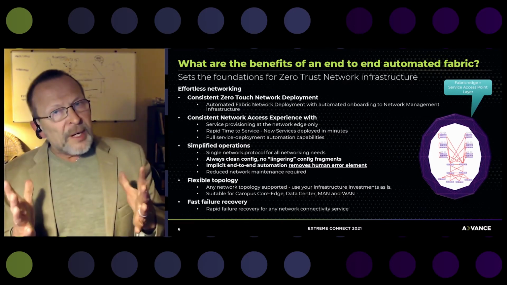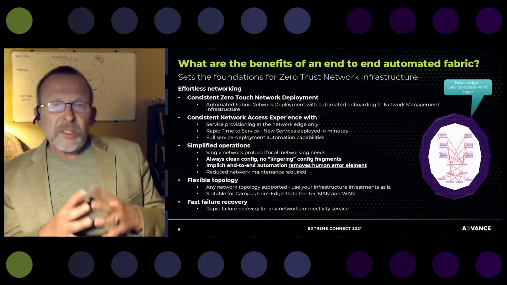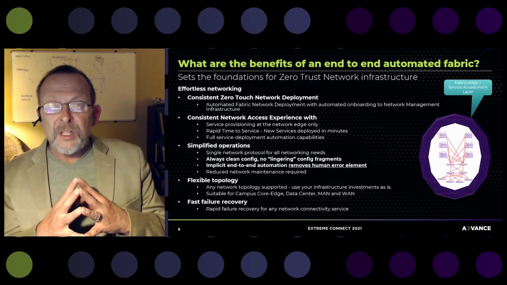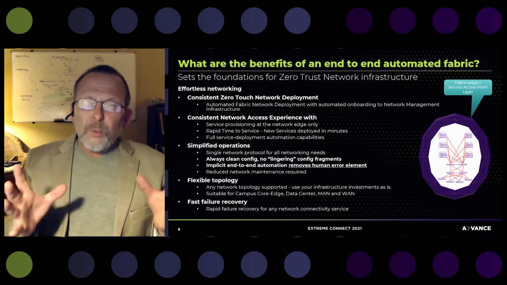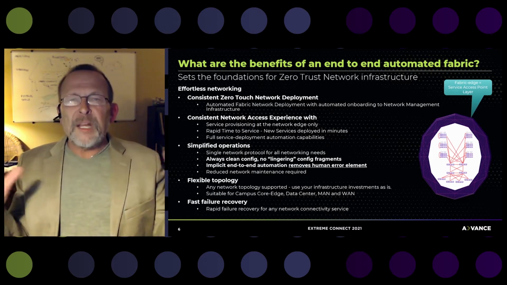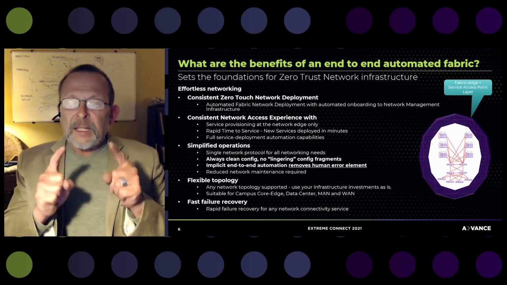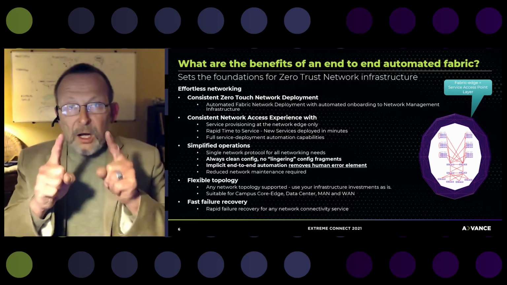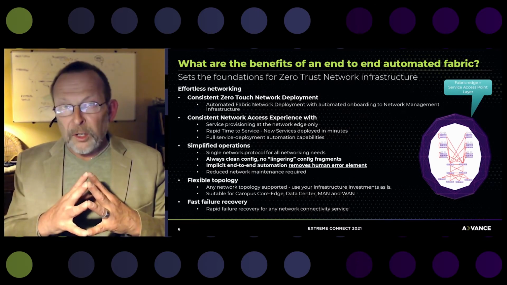And we've known that for quite some time with Fabric Connect, but the security benefits I'd like to highlight, and I've kind of emboldened on these slides, are the fact that we have always clean configs. There are no lingering configuration fragments. Remember that configuration fragments are one of the leading causes of vulnerabilities in networks.